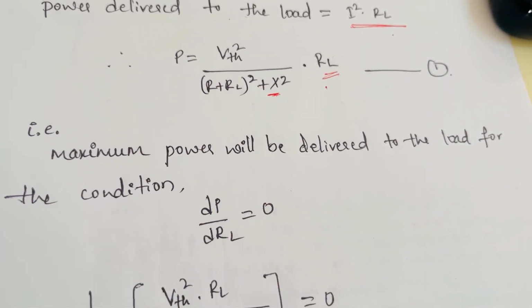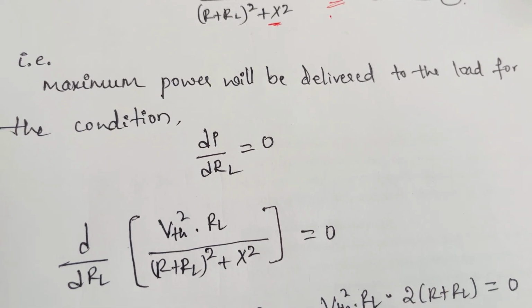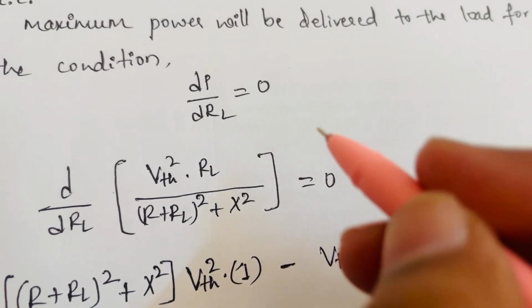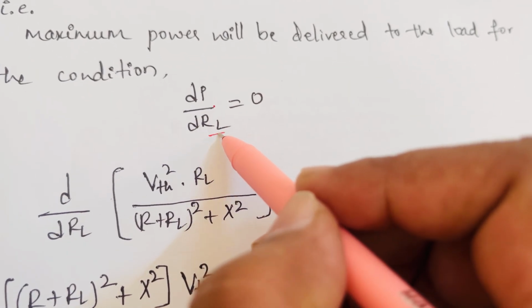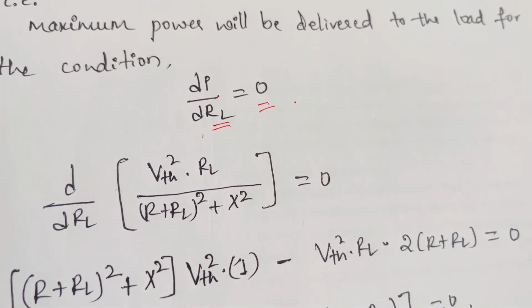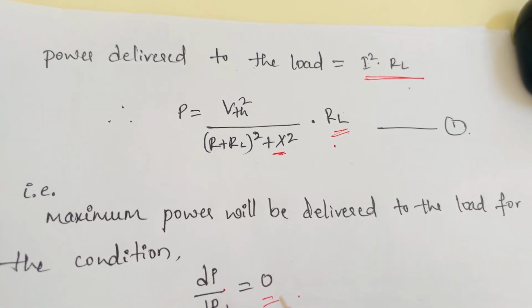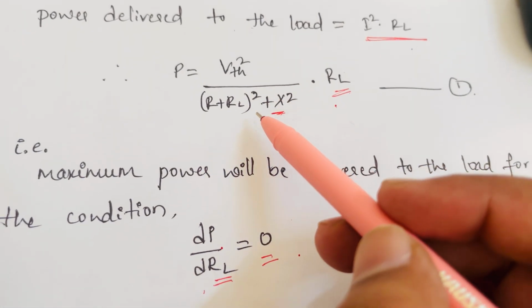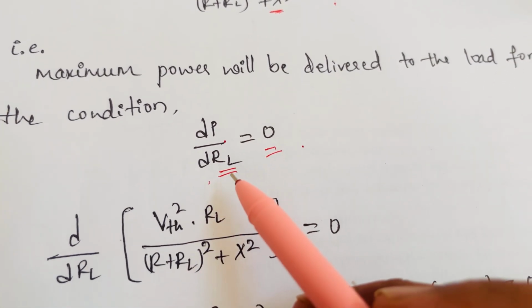Therefore, the maximum power will be delivered to the load when the power differentiated with respect to load resistance RL equals 0, that is dP by dRL equals 0. So differentiate the power P, which is VTH square into RL divided by (R plus RL) square plus X square, with respect to RL.